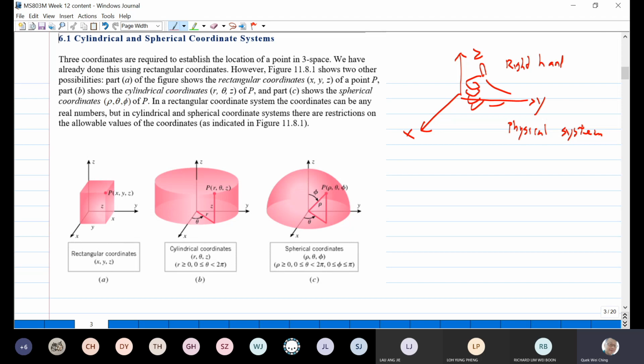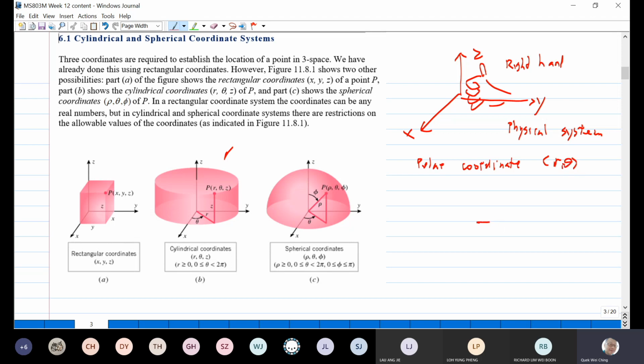Okay, we know about this already. Then I'm going to talk about the cylindrical coordinate system. It is very similar to the polar coordinate system. Remember the polar coordinate system? You have r and theta.